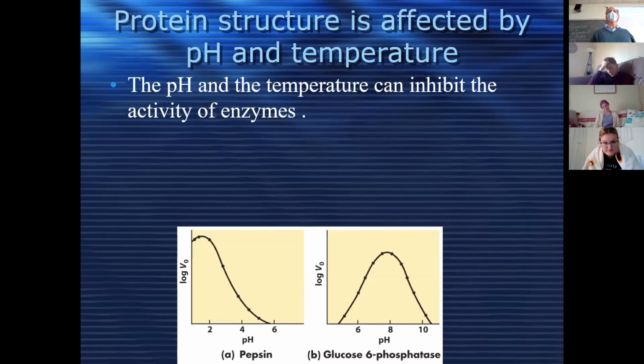Others don't. Depends on the enzyme. So pH and temperature are the two biggies, but so is osmotic pressure. So is ionic concentration. So is atmospheric pressure. All of these can affect the activity of enzymes.